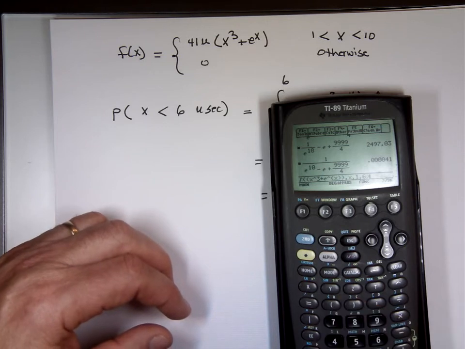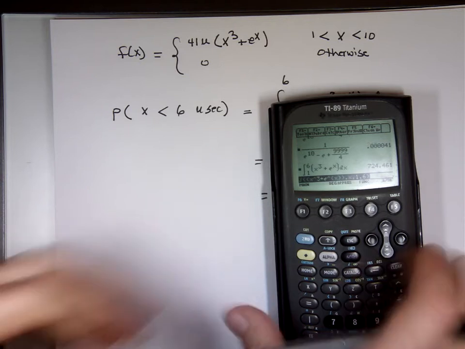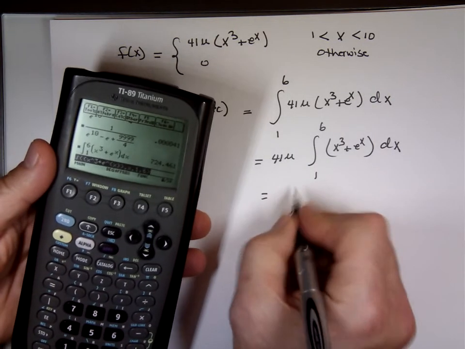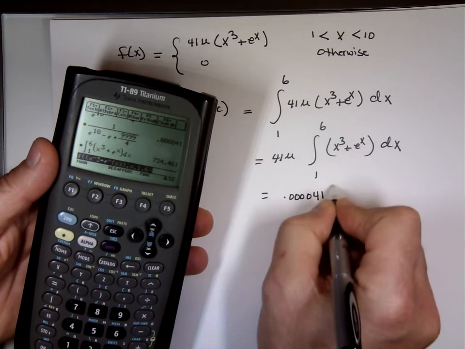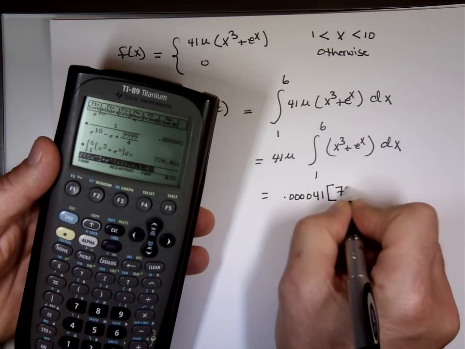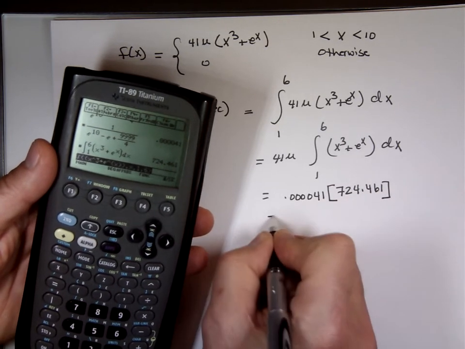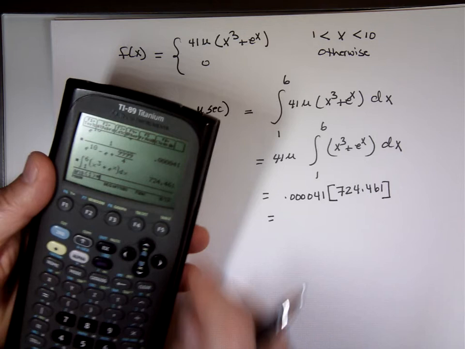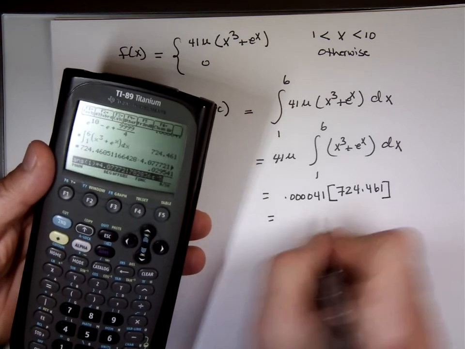Give me the answer of that. k is still sitting in the front. So that will be 0.000041 times 724.461, which is 0.0295.